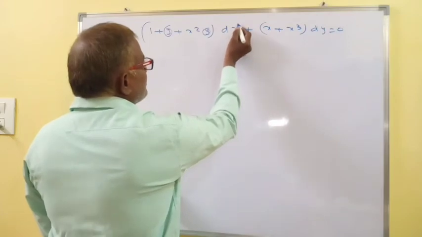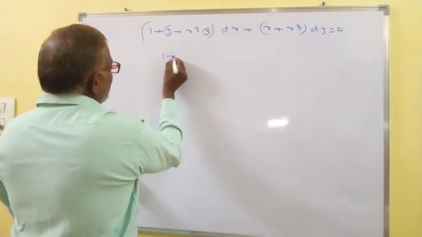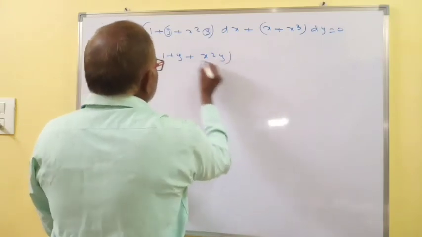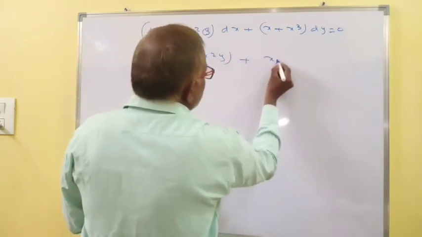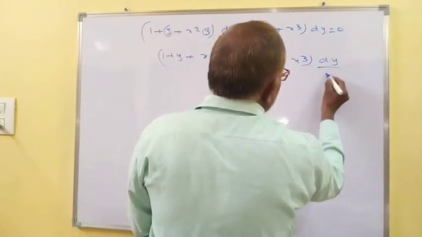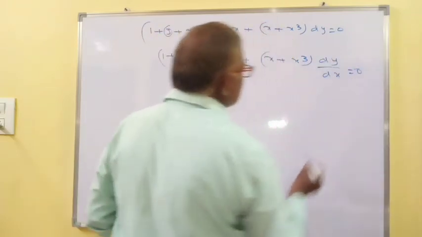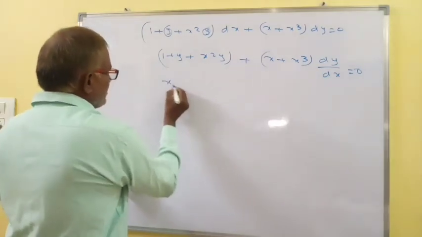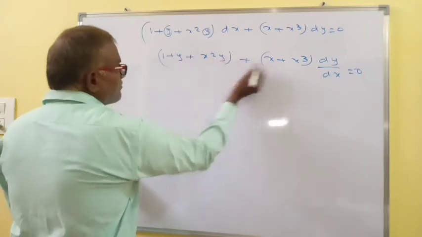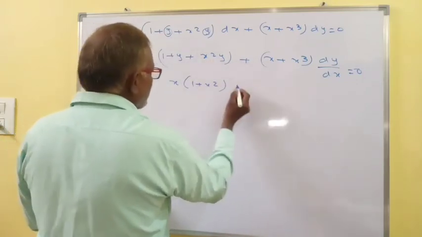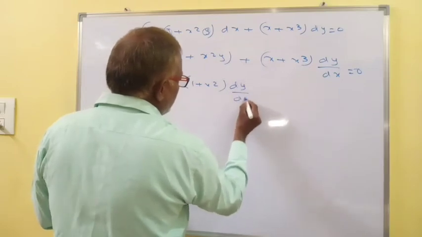That means simply you have to write 1 plus y plus x square y plus x cube dy by dx is equal to 0. So here, if you take x as common, 1 plus x square into dy by dx.